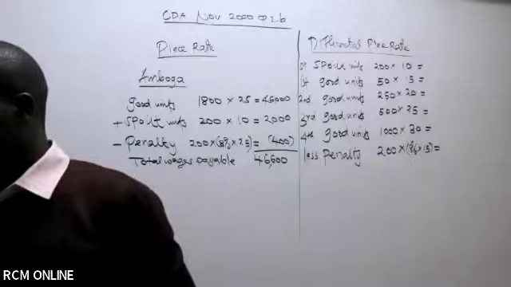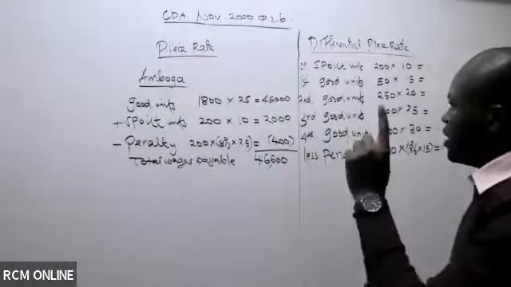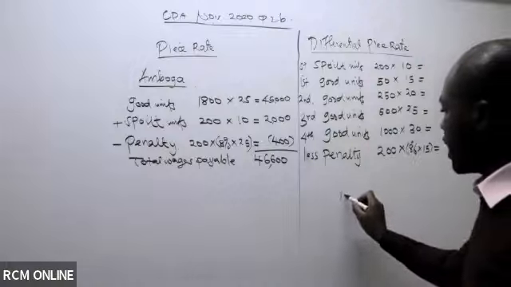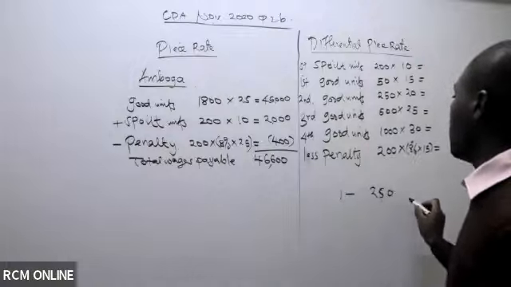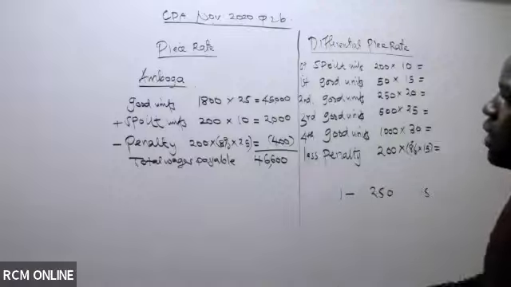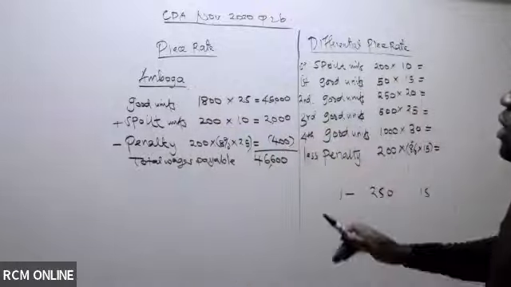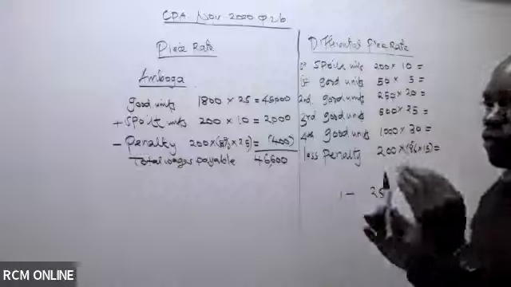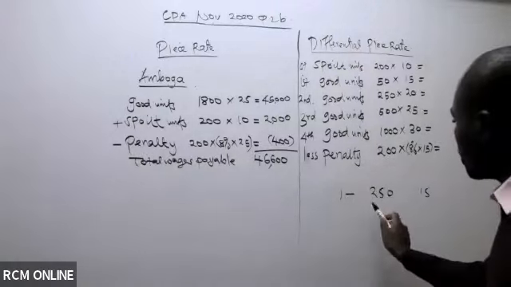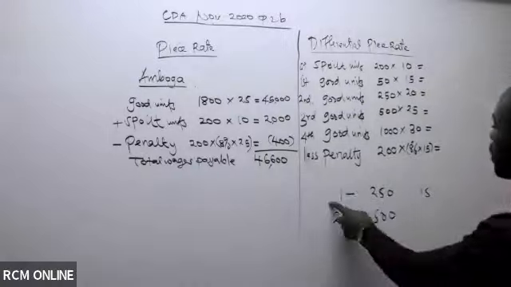Where did we get the first good units of 50? We are told that within the first batch will be any units from 1 to 250, paid 15 shillings. The examiner stated very well that Amboga had 200 spoiled goods. And under the piece rate method, the 200 spoiled goods will be deducted from the first range, range 1 to 250.